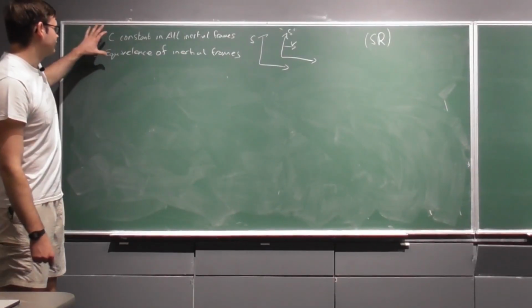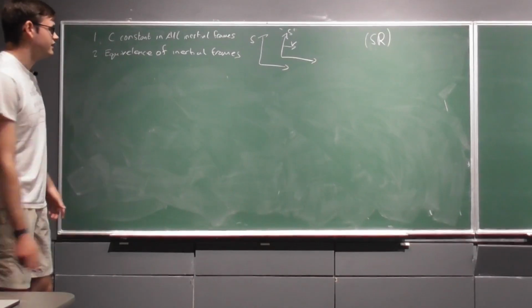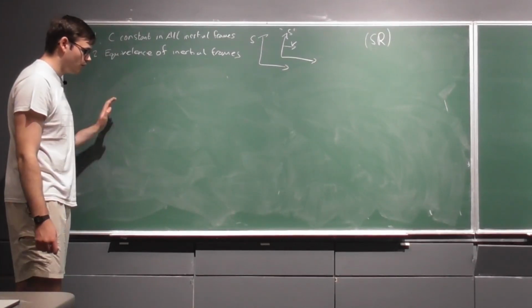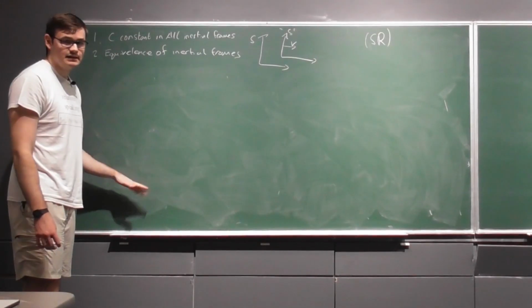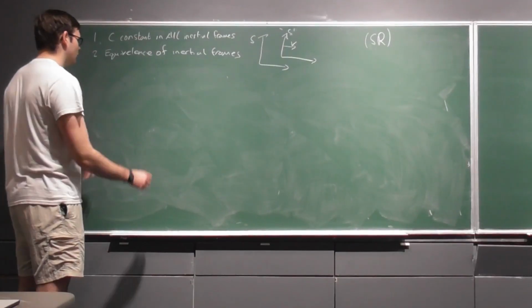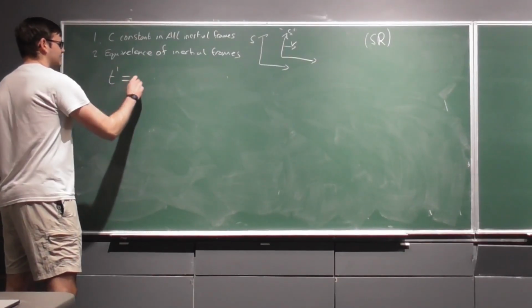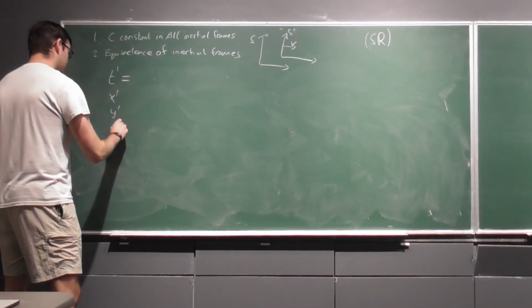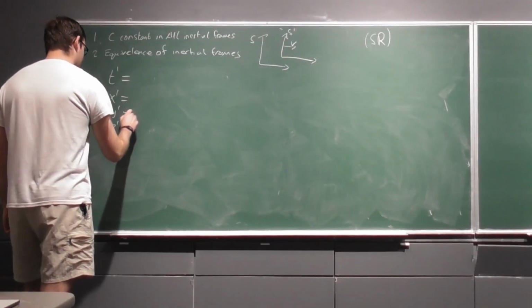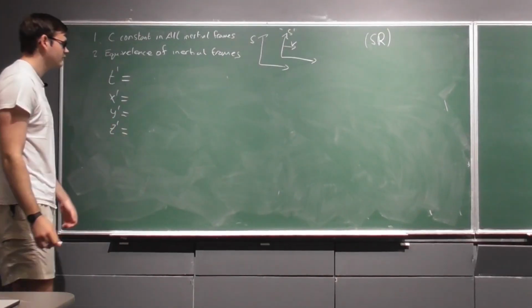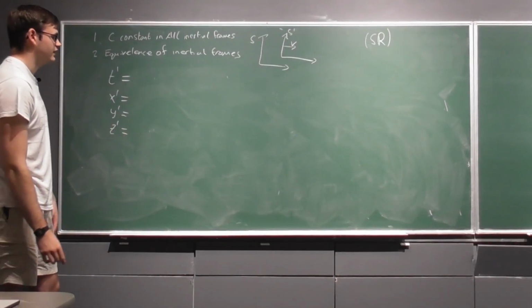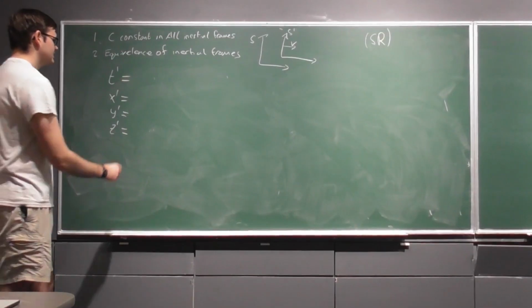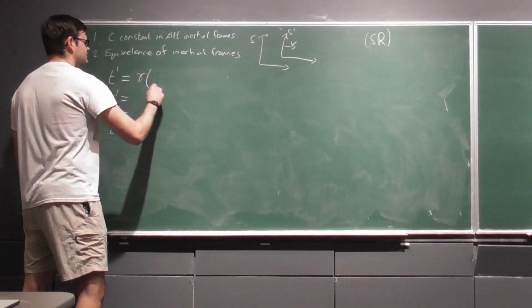Then you know that from these postulates it can be derived that my coordinates, my x, y, z, and my time will change a bit. Specifically, that's what's different between special relativity and the Newtonian or Galilean understanding of the change of coordinates. So we'll get something like this.